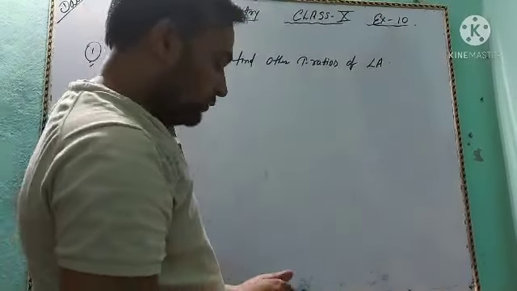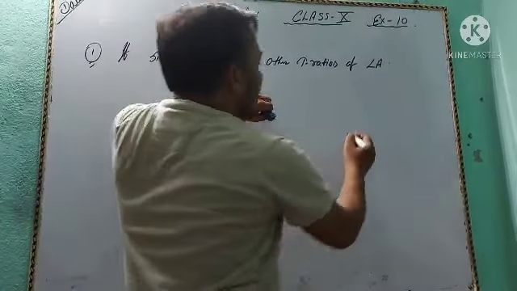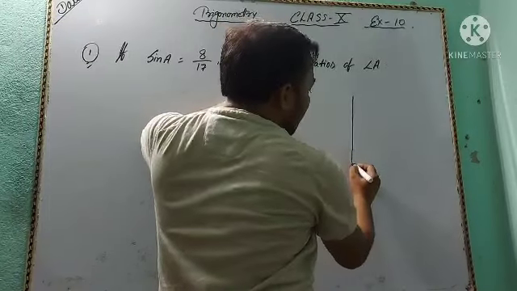so students, first of all we draw a right angle triangle ABC.